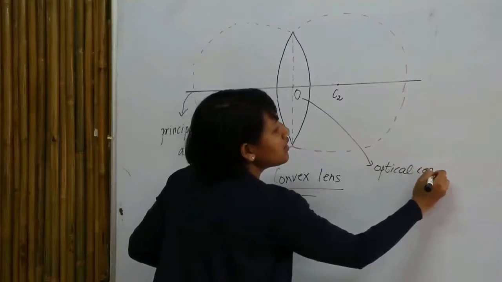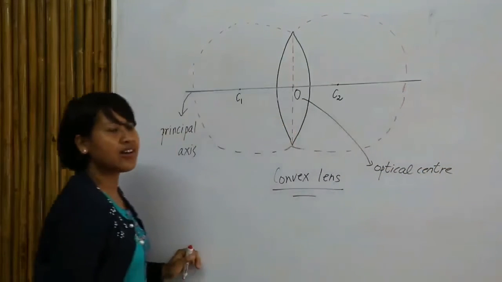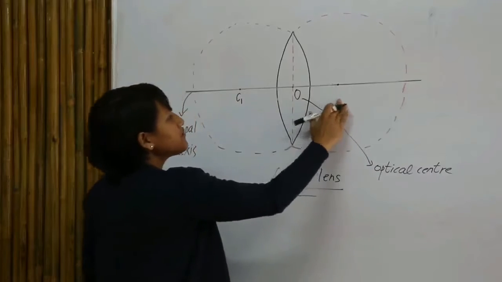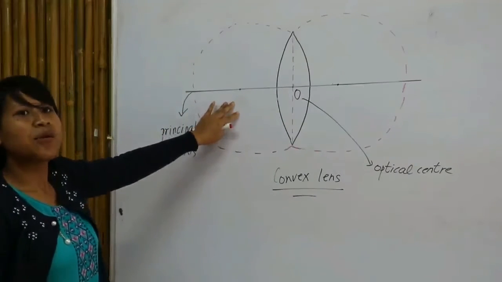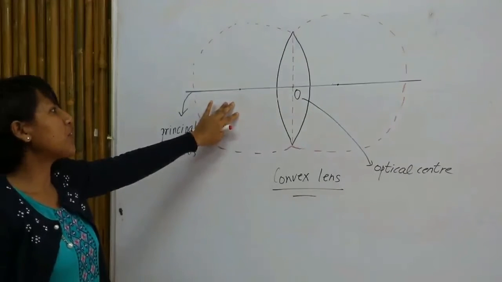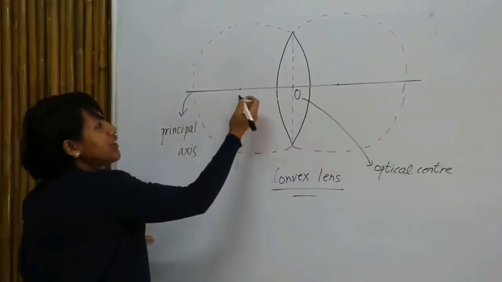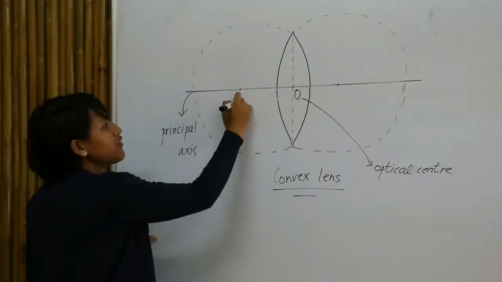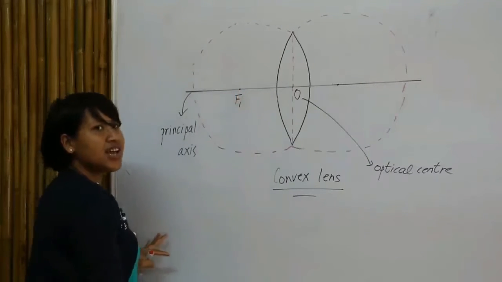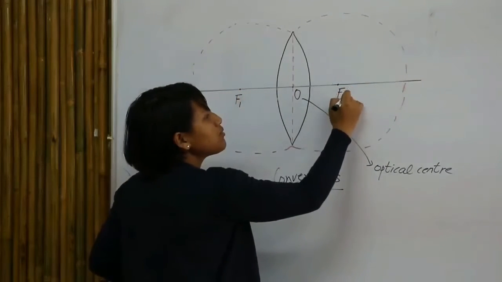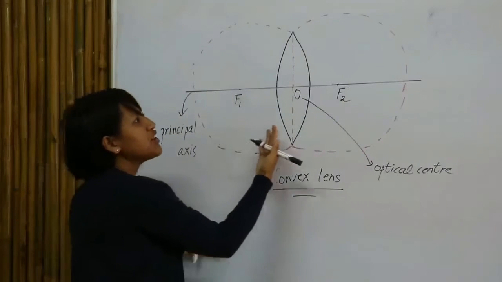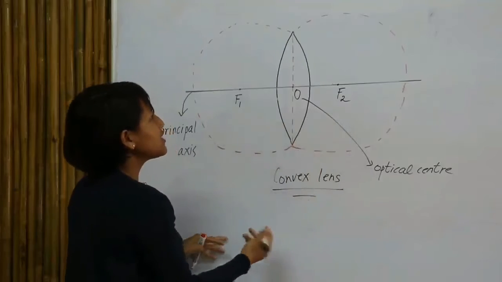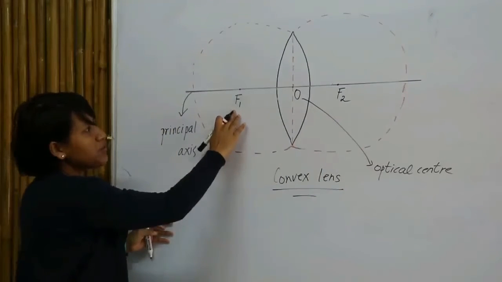Optical center. Then, in the lens, there are principal focus points. In the case of a convex lens, we have the first principal focus and the second principal focus. So what is the first principal focus?